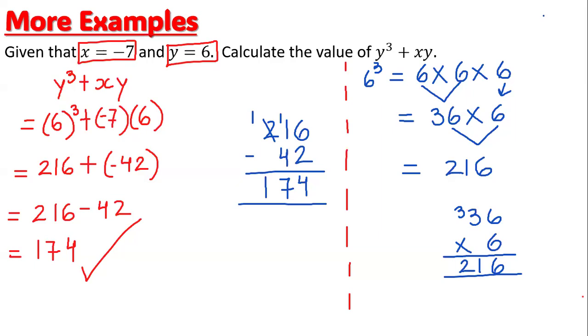You put 6 three times, and you multiply 6 by 6, which is 36, and then you bring down the 6, and then you multiply 36 by 6, and it's 216.